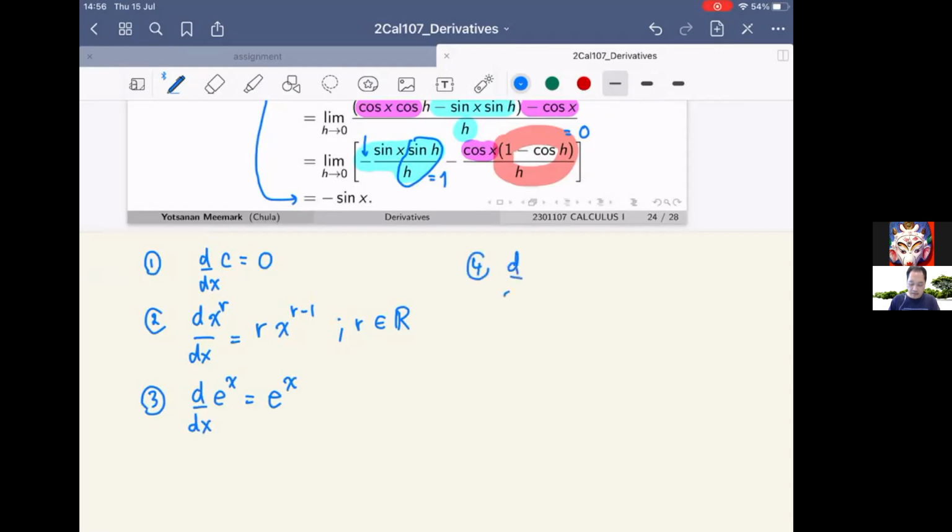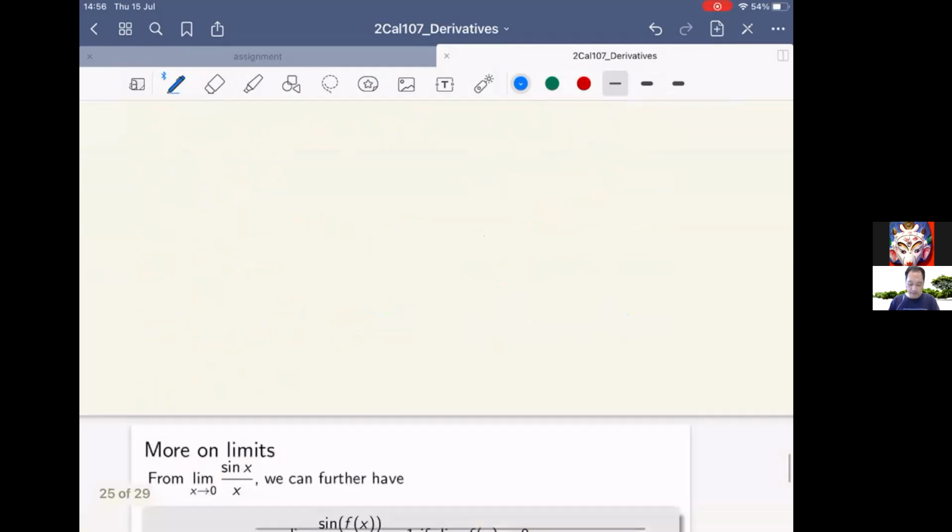And the one that we just derived, the derivative of sine becomes a positive cosine. However, the derivative of cosine becomes negative sine, so don't forget this negative one. Are we good? So we have these 5 main formulas that we are going to use later on.